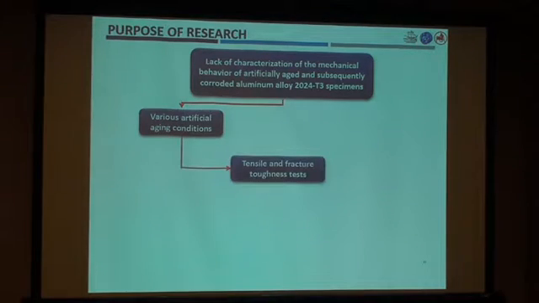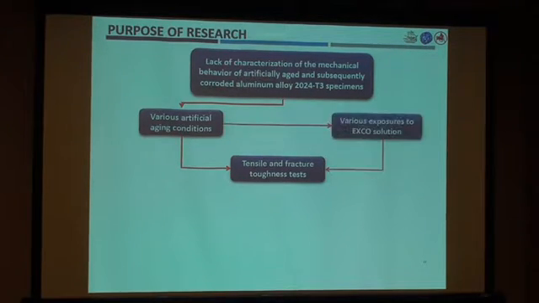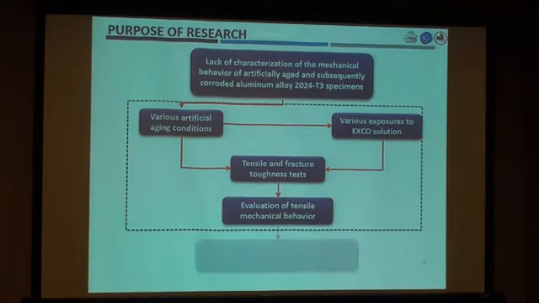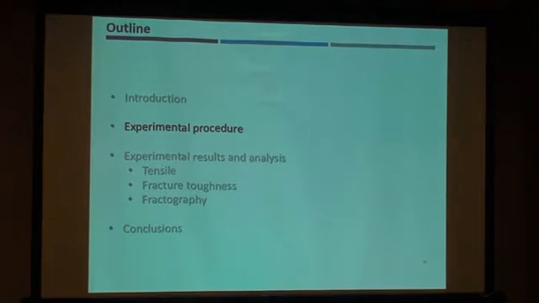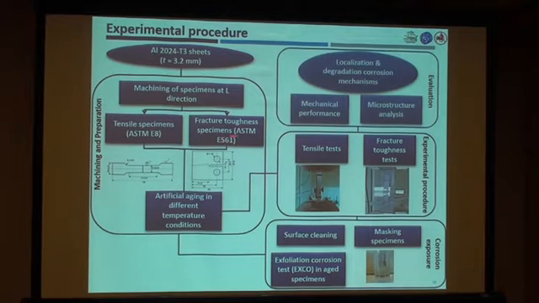So we have selected various artificial aging times. We corroded them. We performed, of course, the reference test. We also corroded them, and finally we concluded. We used the tensile and fracture toughness specimens according to standards.